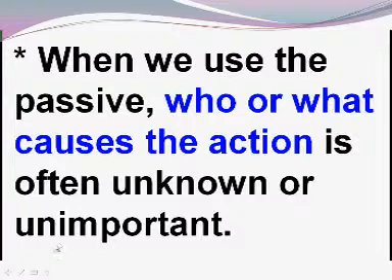Sometimes it seems unimportant to us, or at other times it is actually unknown to us. So when do we use the passive? In two cases: if we do not know who or what does or did the action, or if we find or think that the doer of the action is not really important to us.